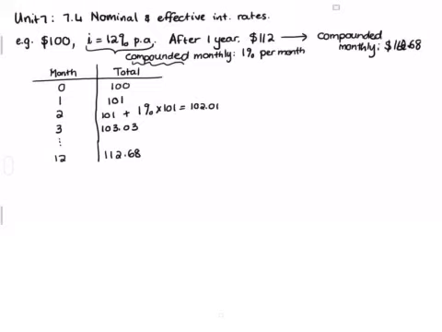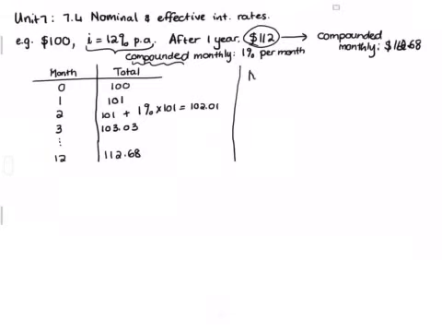Then you get $112.68. Whereas if it is a 12% per annum just compounded yearly, you would only have had $112. So if your compounding periods are more than 1 per year, you're actually going to get a little bit more.